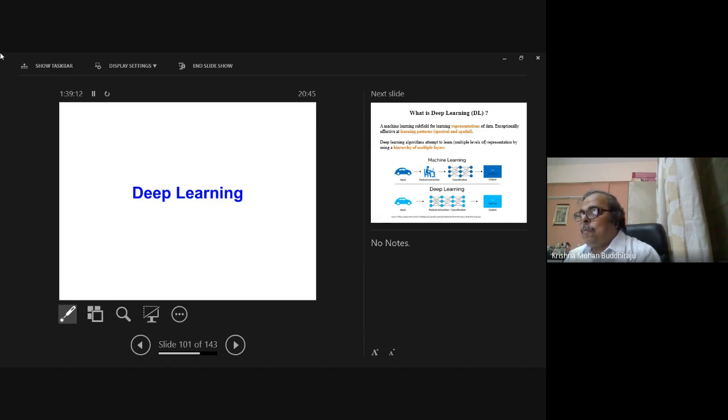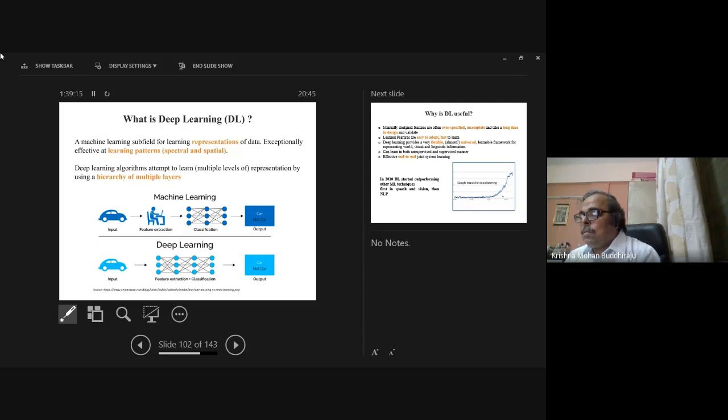In traditional machine learning, the user decides what features are to be used and what classifier to use. Everything the user decides. But it may so happen that we don't know which are all the useful features.